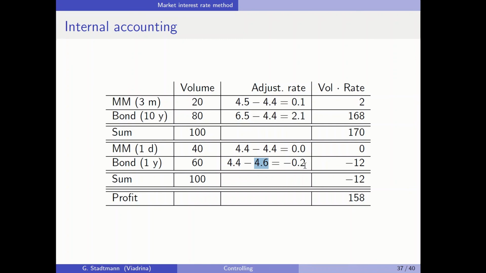So here the profit margin is a negative 0.2%. Overall, you can see here that especially the long-term bond is the most profitable part of this bank. So the bank is generating a lot of profit from this long-term bond.